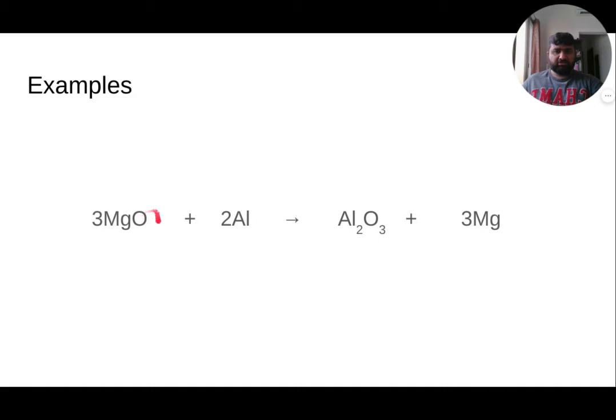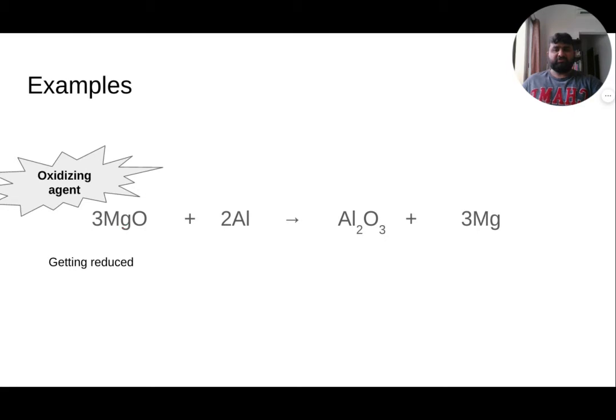So you see oxygen is removed. Whenever oxygen is removed, we can say it is getting reduced. Anything that is getting reduced, undergoing reduction itself, must be an oxidizing agent. So MgO is the oxidizing agent in this reaction.